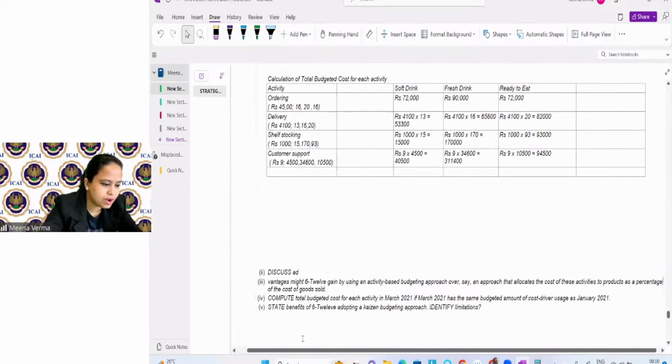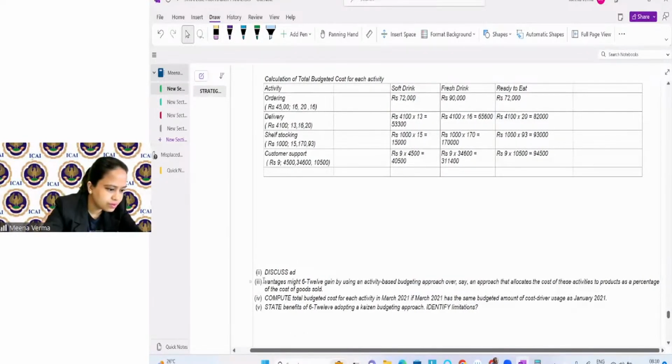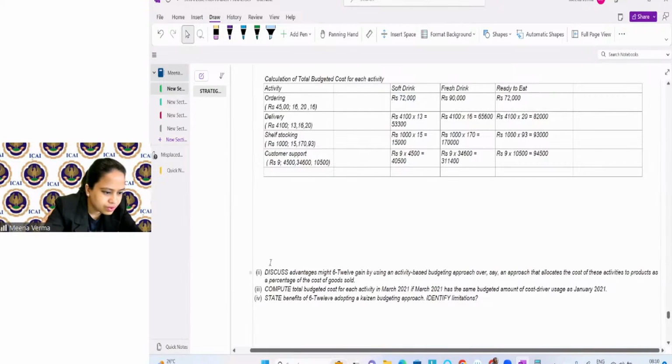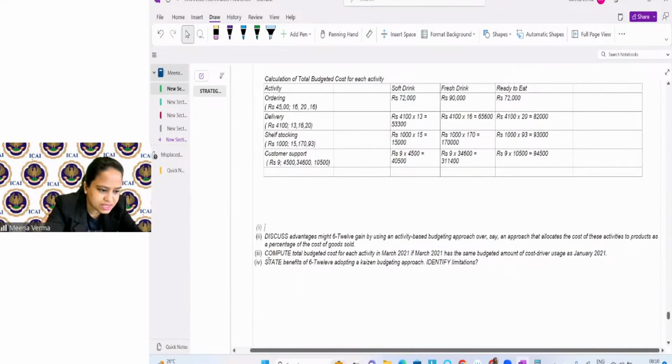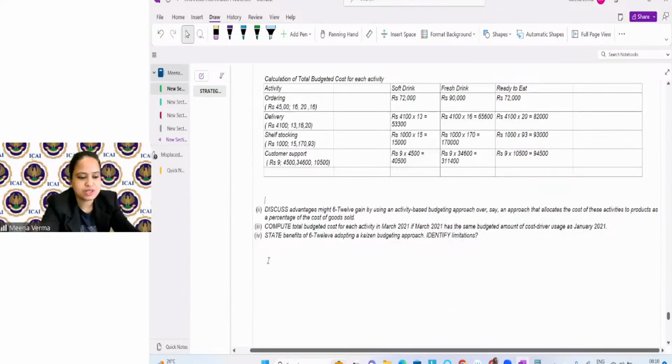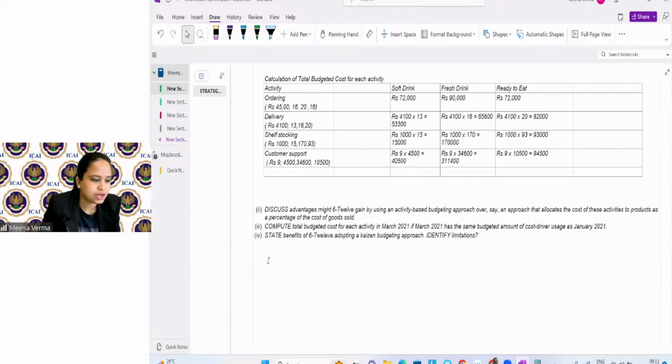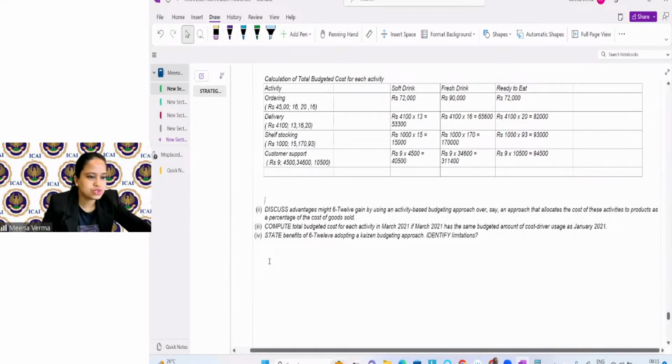Discuss the advantage this company might gain by using the activity-based budgeting approach over an approach that allocated the cost of activity to the product as a percentage of cost of goods sold.